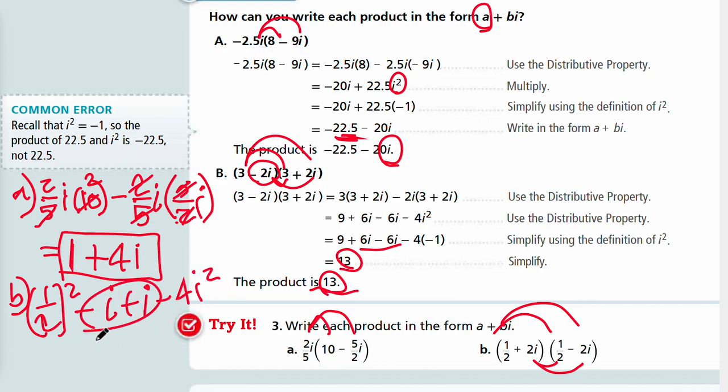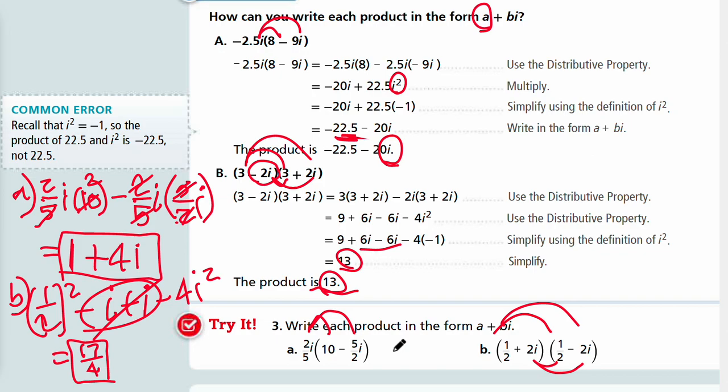So this cancels out, and i squared would be negative 1, so that becomes positive 4. And so your final answer should be positive 4 plus 1 over 2 squared, which is 1 over 4. So if you add them, you're going to get 17 over 4. And that's a nice little real number.